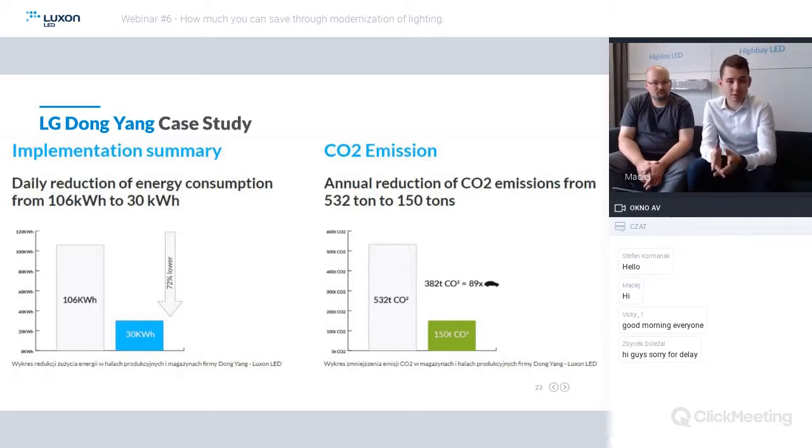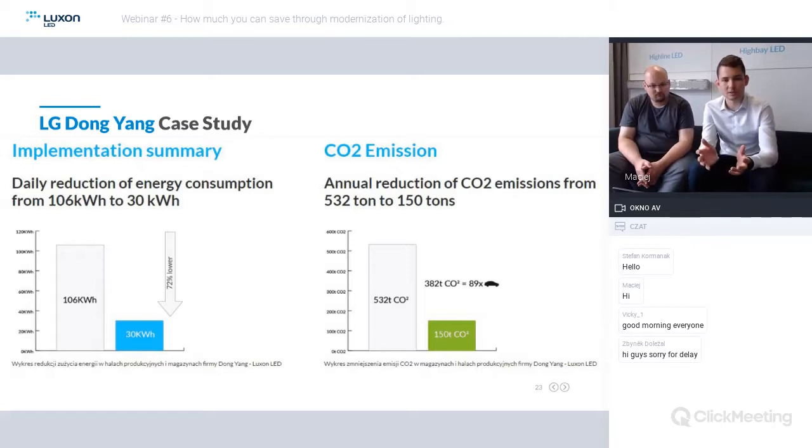This is the equivalent of 89 cars' emissions per year. 382 tons of CO2, this is what 89 cars can save yearly. So not only saving a lot of energy, but saving a lot of CO2 emissions to the environment.